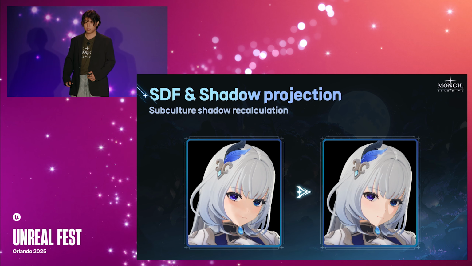This is because character models, especially faces, tend to have complex depth, while the shadows we want are usually flatter and more toon-like. To solve this, I added SDF-based shadow projections specifically to the characters' faces, allowing for clean, stylized shadows that better match the intended visual style.